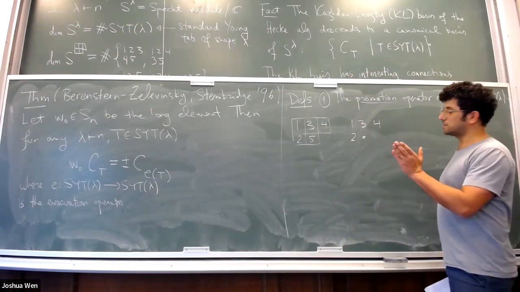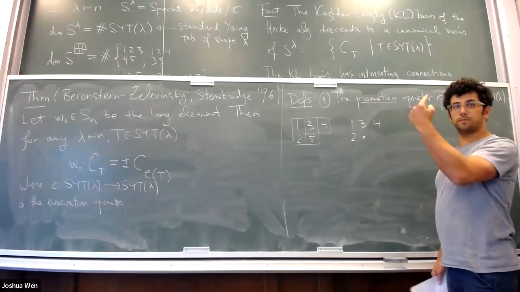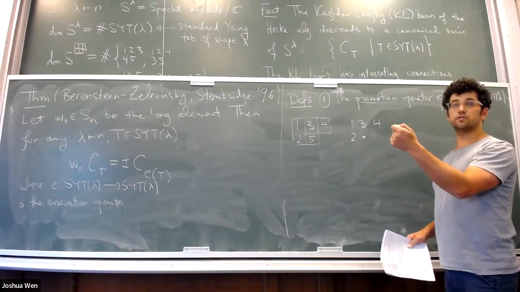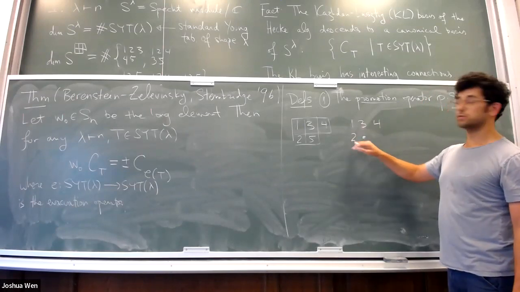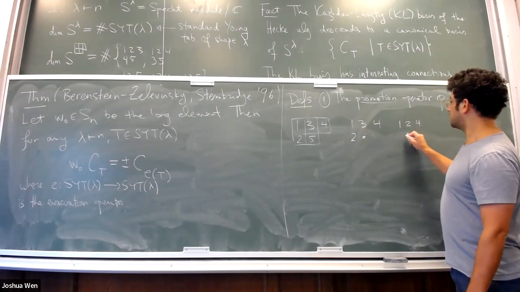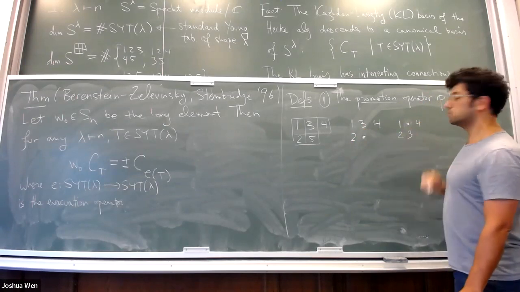And then the game is you want to take this dot and move it into the northwest corner. The moves you're allowed to make are up or left. And if you can do both, you always go in the direction of the bigger entry. So in this case, this dot can move up or left, but it's going to go up because 3 is bigger than 2. And so then I get 1, 2, dot; 1, dot, 3; 2.